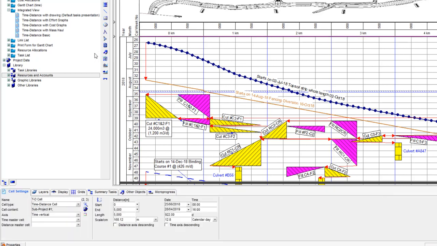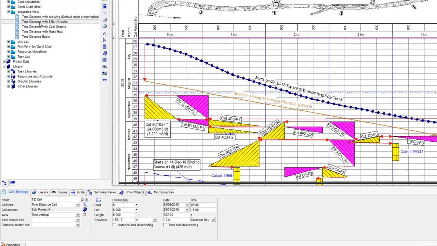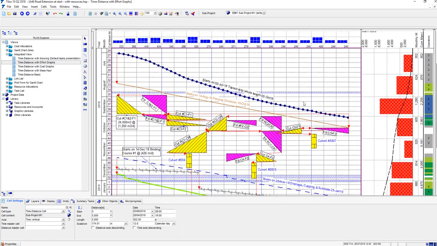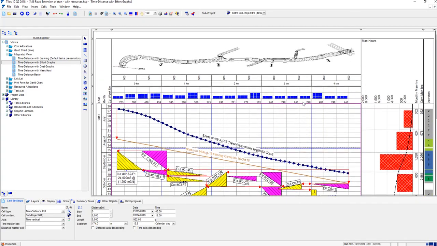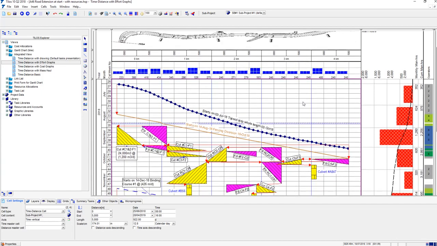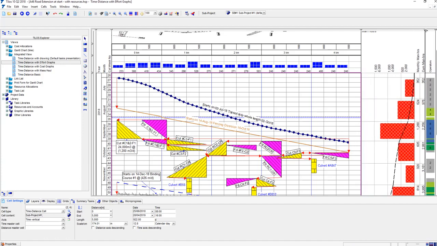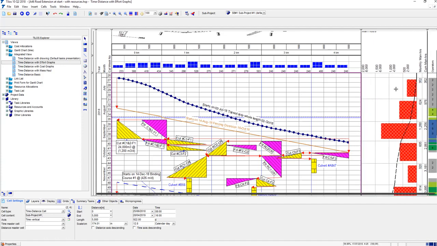And then, of course, we can see them in different views. So we can see them in lists, of course. So we've got different sorts of lists that we can see them in. But if we look at a time distance diagram with an effort graph, so that's the number of man hours, we've got the same activity based view in the center, but on the right hand side of the chart on the time axis we've got a histogram where we're showing the number of man hours per month.